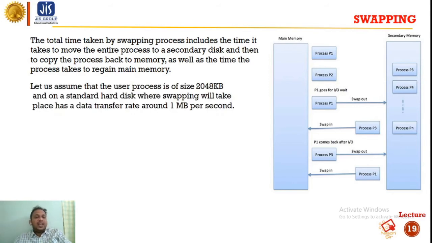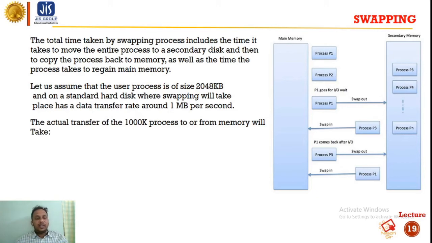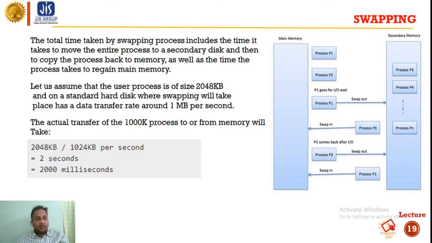Let us assume that the user process is of size 2048 KB, and the standard hard disk where swapping will take place has a data transfer rate of around 1 MB per second. The actual transfer of the process from memory will take 2048 KB divided by 1024 KB per second, so it will take 2 seconds or 2000 milliseconds.